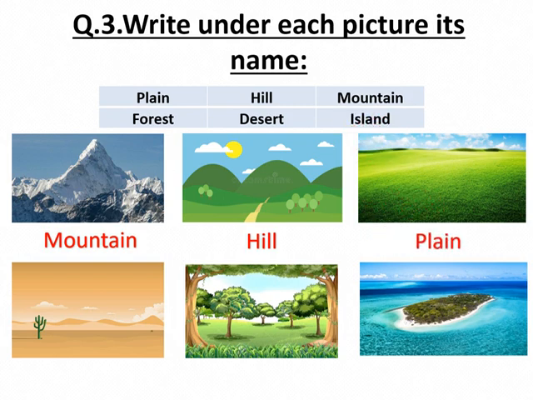Excellent. Picture number 4 is a land covered with sand, desert. Then there are a lot of trees and plants in this picture, so the answer here is forest. And the last one is island. An island is a land completely surrounded by water, or it has water on all sides.